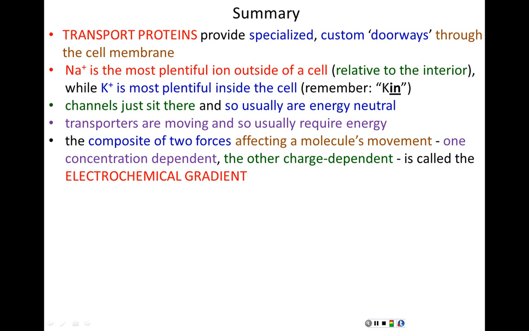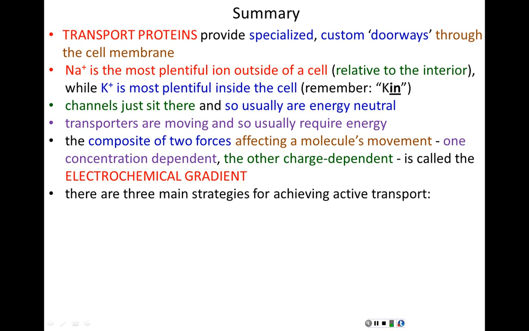One is the concentration gradient, where molecules like to move from high concentration to low. The other is the charge-dependent gradient, where molecules want to move from their own charge towards opposite charge. These two forces working together is referred to as the electrochemical gradient, and this is the gradient that is responsible for the movement or desired movement of ions across a membrane.